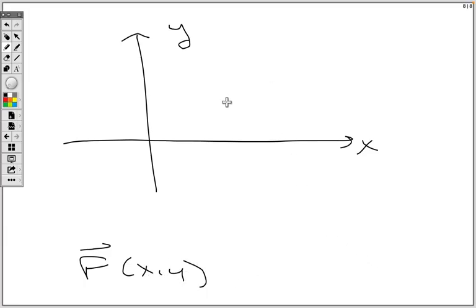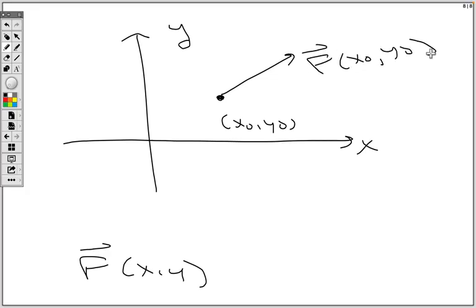Then what we would do, let's say we have a point, say x naught, y naught, then we'll use that as the initial point to plot the vector F of x naught, y naught. Okay, so we're going to actually plot the vectors with the initial points being the inputs. Okay, because we're taking points in the plane and associating a vector with it.